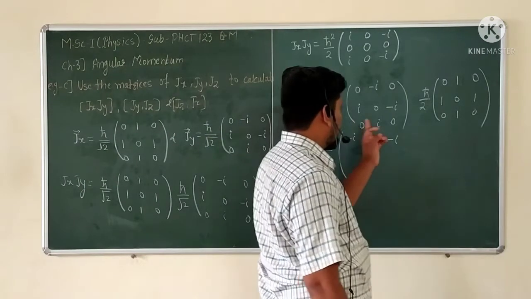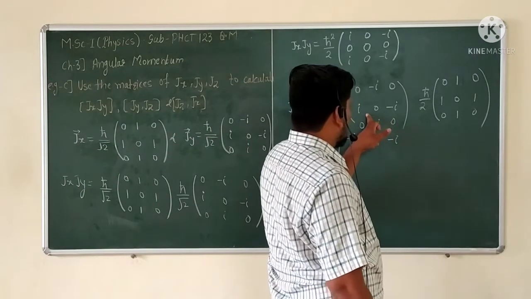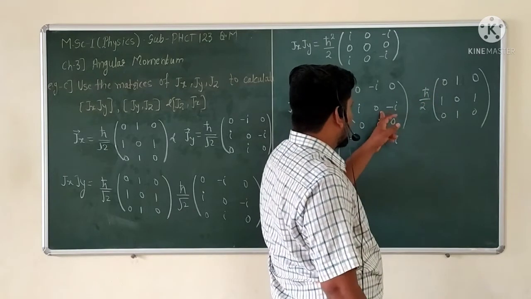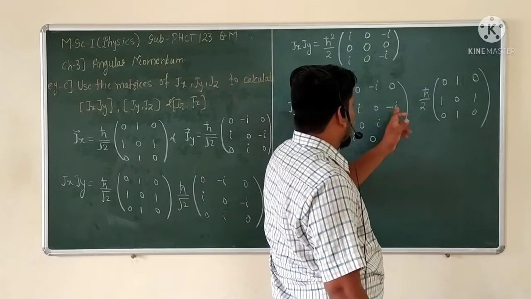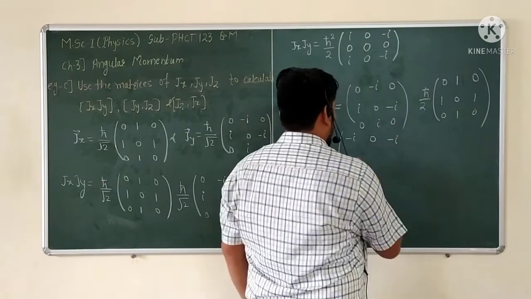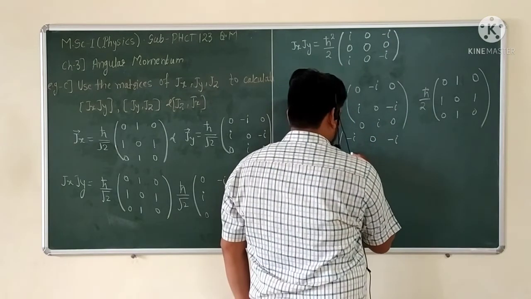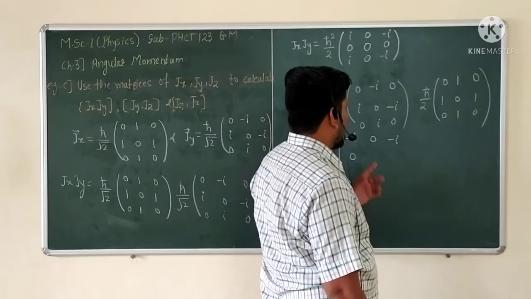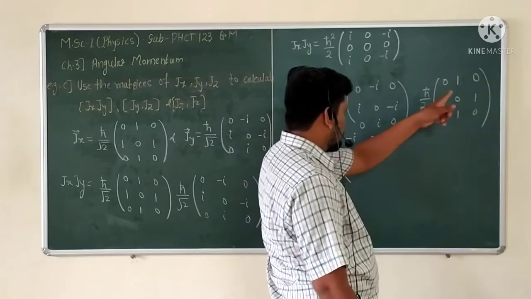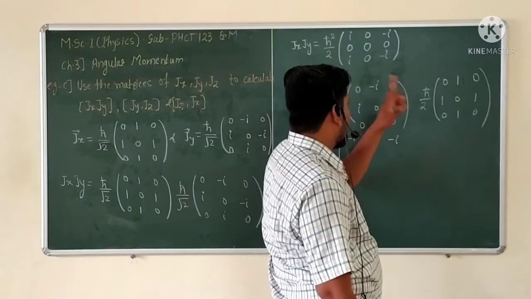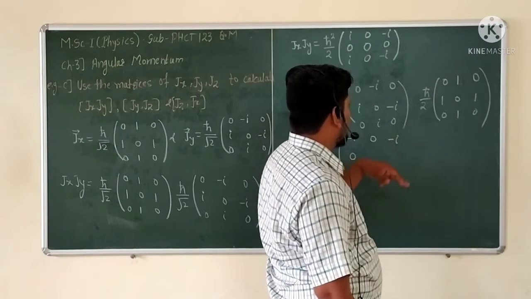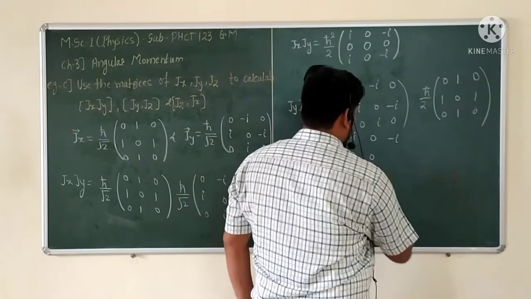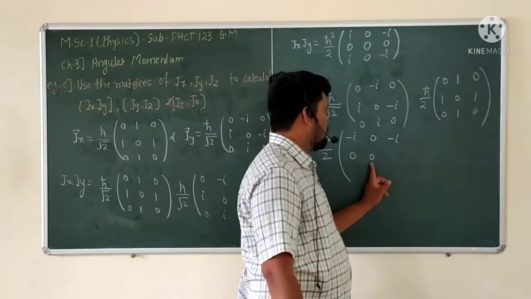Next, second row and first column: 0 multiplied by this, i multiplied by this 0, 0 into 0, 0, and minus i into 0, 0, so the first element of the second row and first column is 0. Now second row, second column: i into i, plus i, 0 into 0, and minus i into i, so minus i plus i, this is also 0, so this element is also 0.